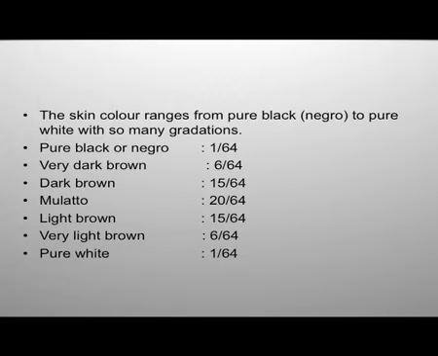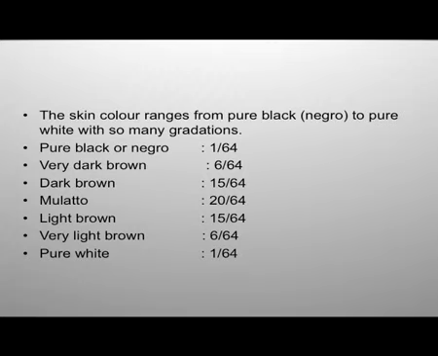Out of the 64 different combinations in the F2 generation, when we categorize the progenies, we will see different phenotypes, different skin colors. 1 out of 64 will be pure black just like the parent, that is negro. Very dark brown will be 6 out of 64.